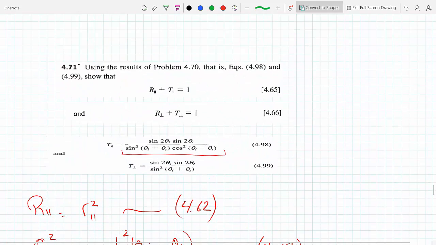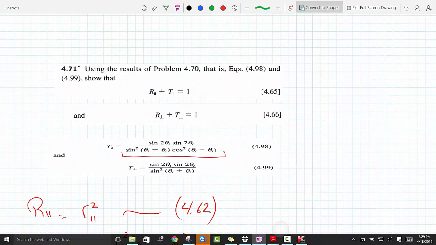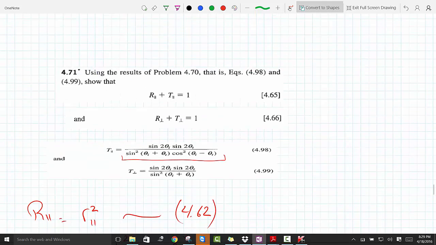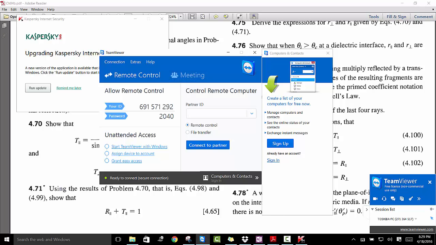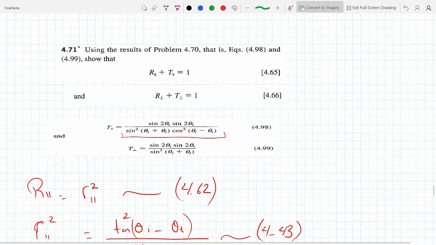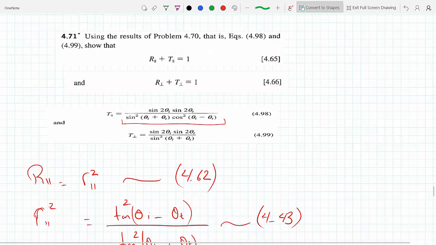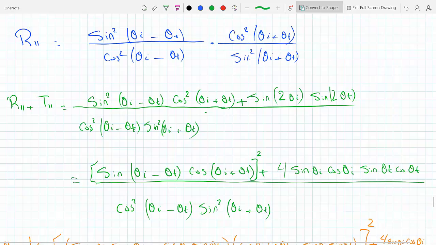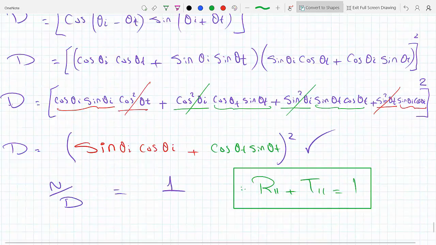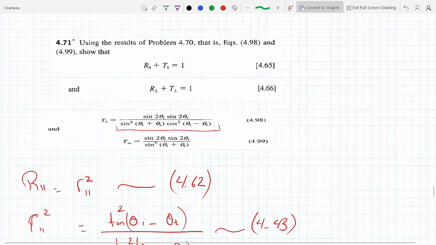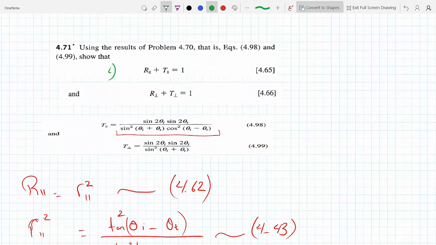Now the second part, we have to prove that the perpendicular components add to 1. So let's see. So we're done with the first part of the question. So this was 1 and we proved it.